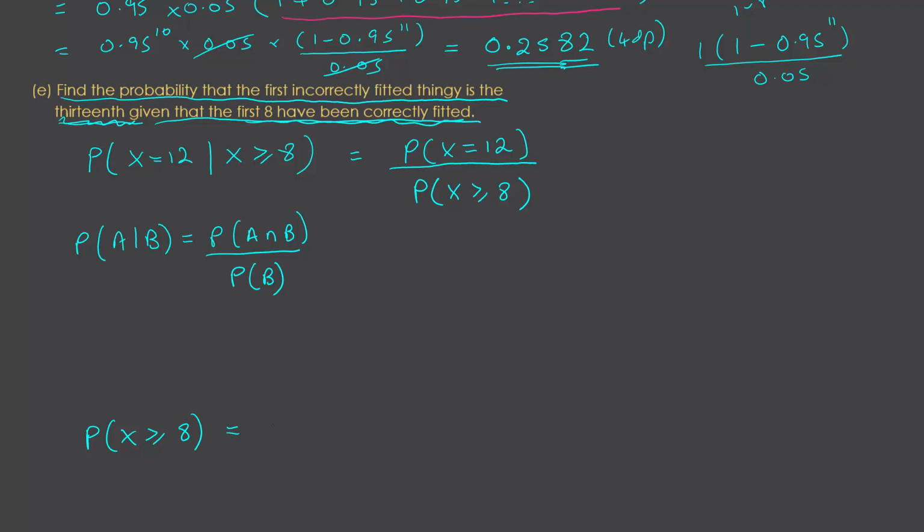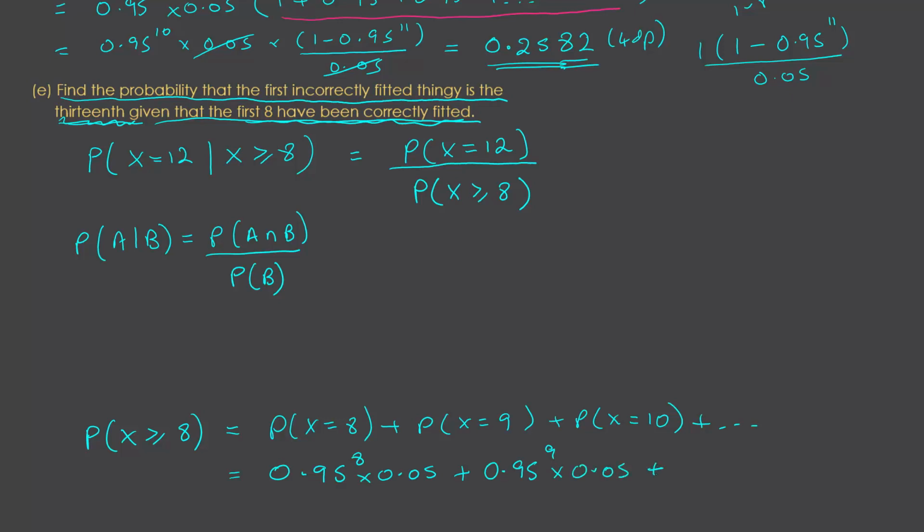That must mean that we have the probability of x being equal to 8 plus the probability of x being equal to 9 plus the probability of x being equal to 10 and so on forever, which is equal to 0.95 to the 8 times 0.05 plus 0.95 to the 9 times 0.05 and so on, essentially forever.